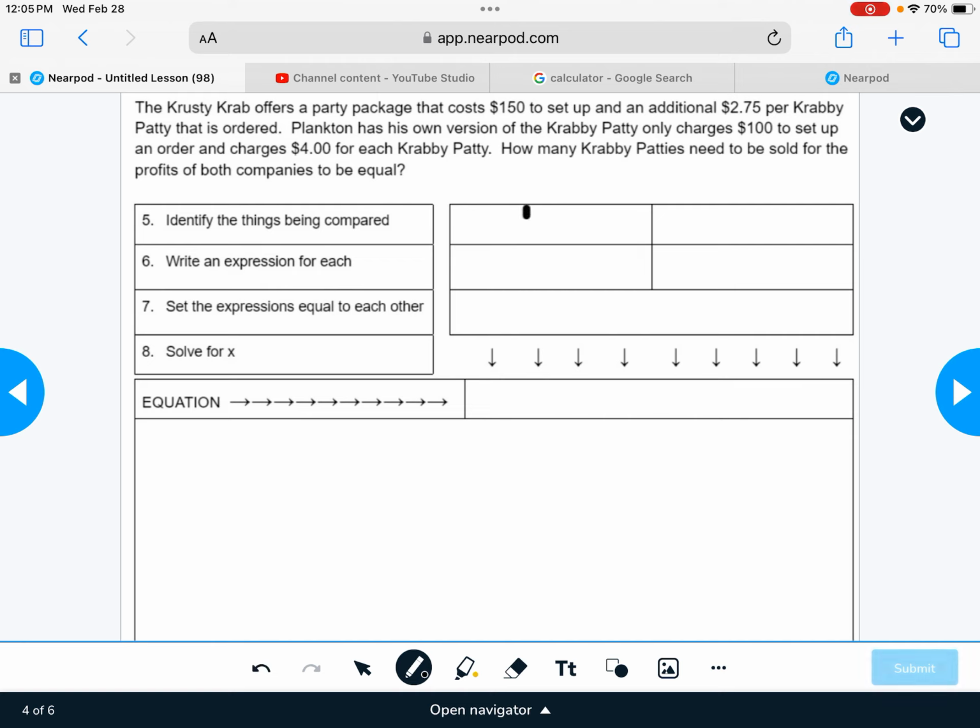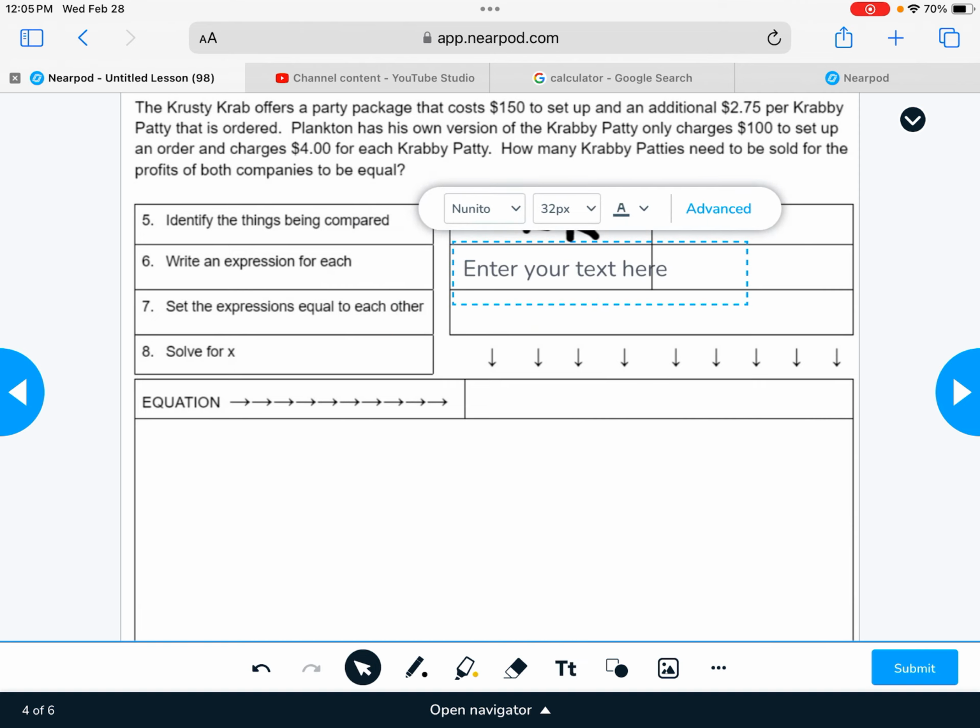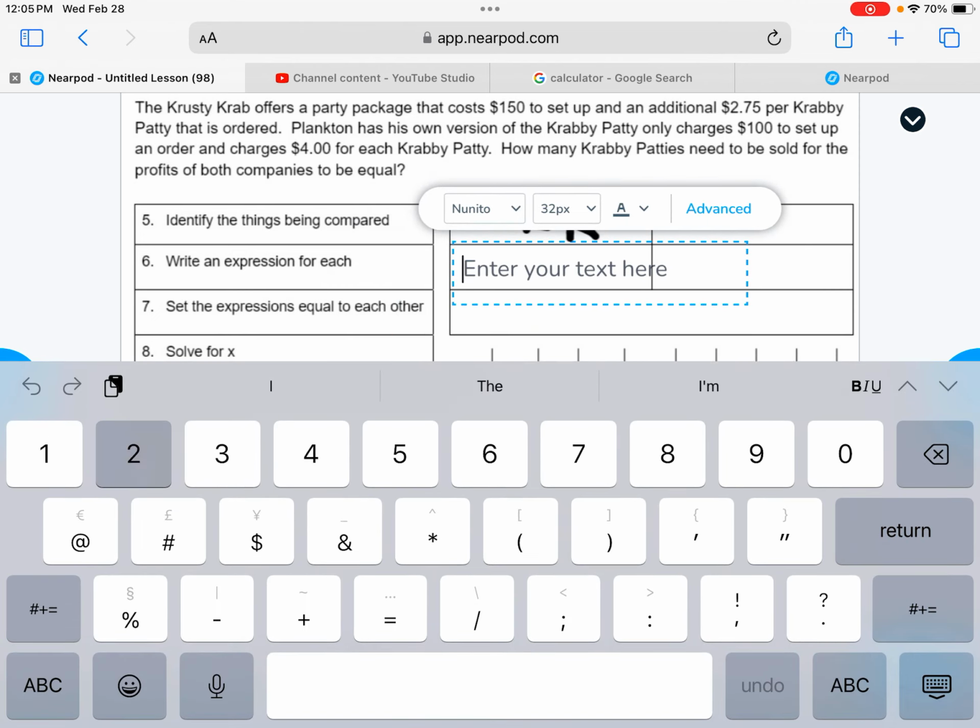I'm getting from the Krusty Krab a $2.75 charge per person plus the $150 that were charged for setting up that party. I'm going to use text so I can make it fit a little bit better. Okay. Again, it is $2.75 per person plus the $150 that we are charged for that party.